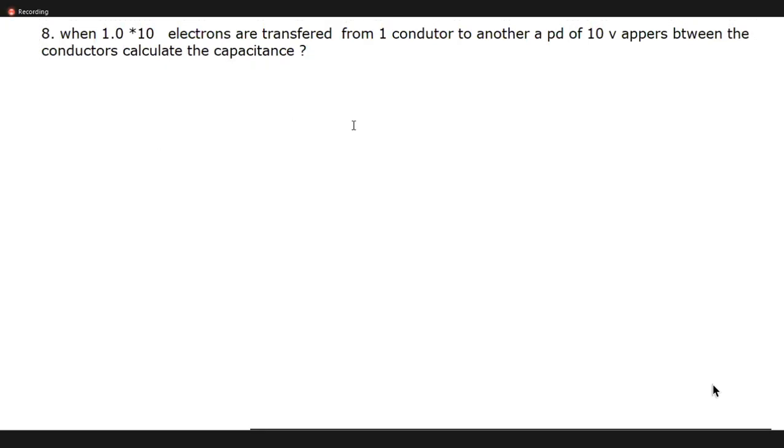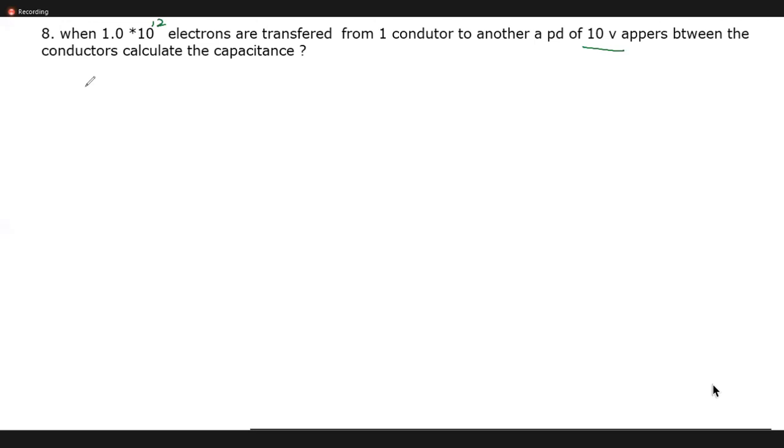Okay, so let me write here. 10 to the power of 12 electrons are transferred from one conductor to the another. A potential difference of 10 volt appears between the conductors. Calculate the capacitance of the two conductor system. Okay, so let me write here what is the Q they given.